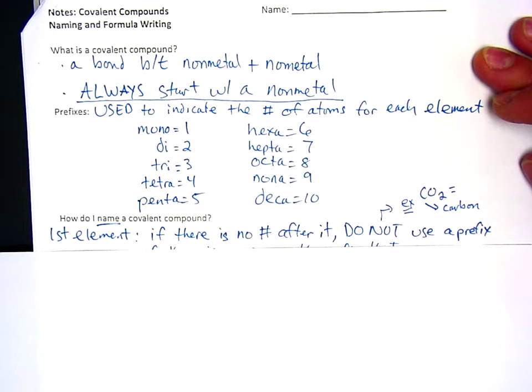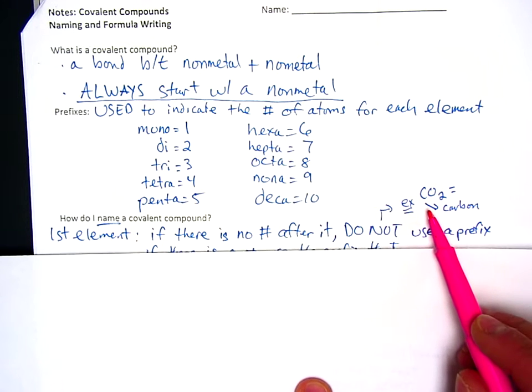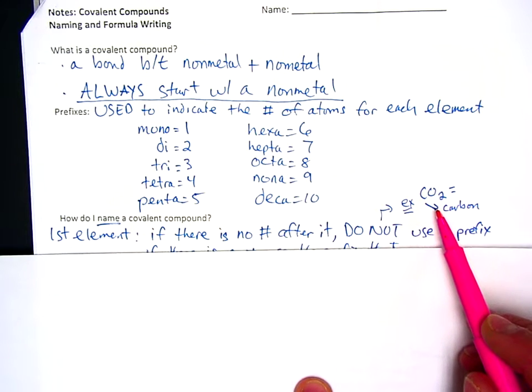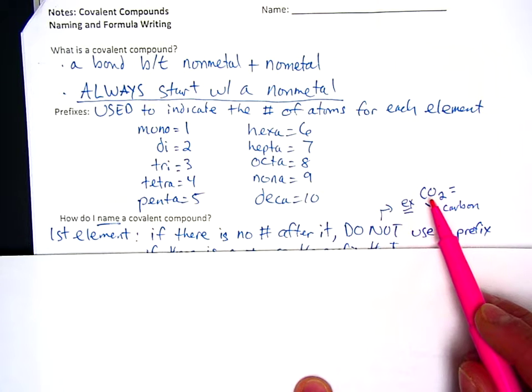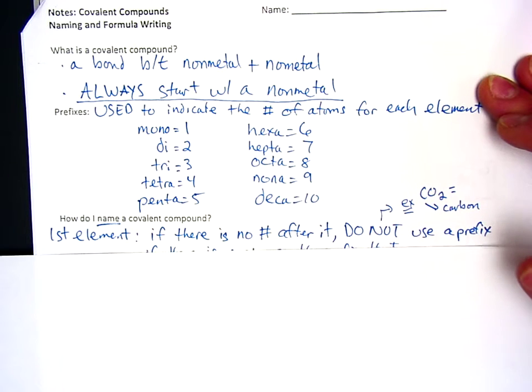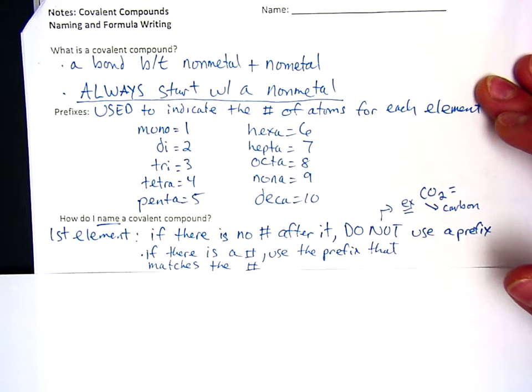So how we use these to name a covalent compound, for the first element, one thing you have to keep in mind, if there's no number after the first element, so no subscript, it does not use a prefix. So for example, in CO2, that's carbon dioxide. So we just say carbon. We don't say monocarbon dioxide, we just say carbon. However, if there is a number after that first element, you do use a prefix that matches that number.